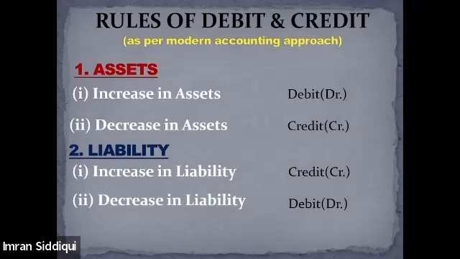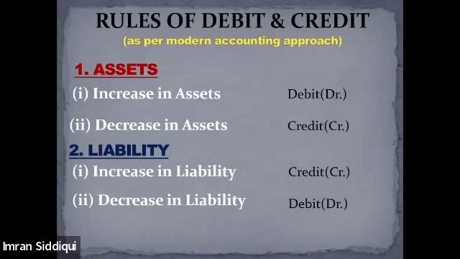Now, in order to do a journal entry, we must know the basic rules of accounting, the rules of debit and credit. As we just covered this in the previous session, I'm sure everybody is able to recall all the rules. So let me give you a quick recap.